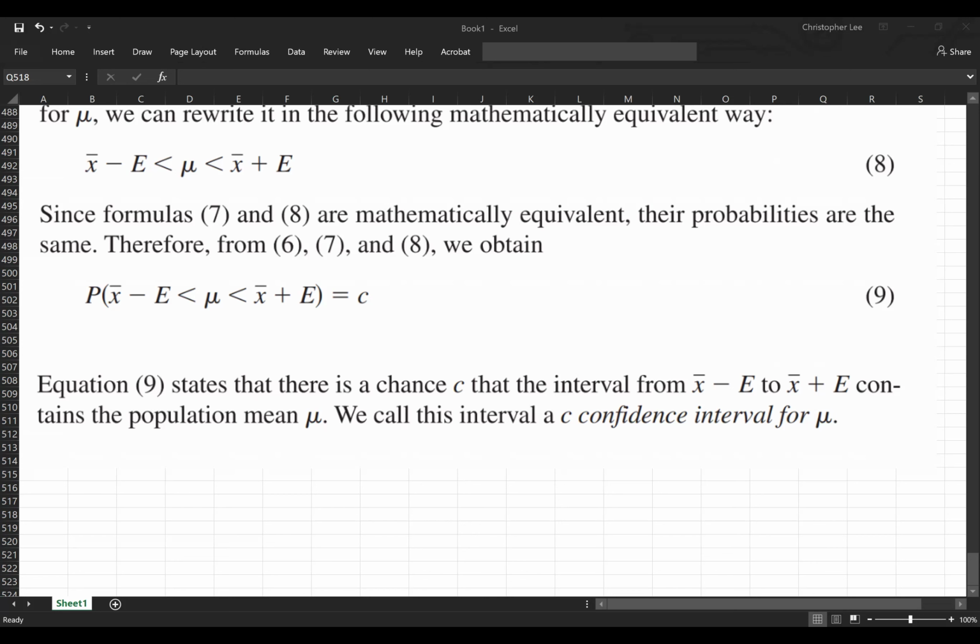The best I can do is give a range that the population mean might fall in between. The wider my range, the more confident I am that it contains it. The narrower my range, the less confident I am.